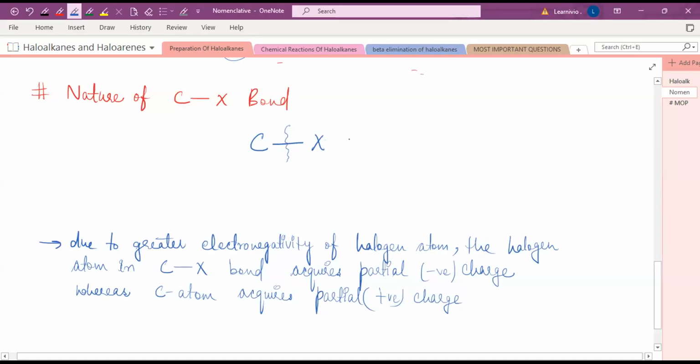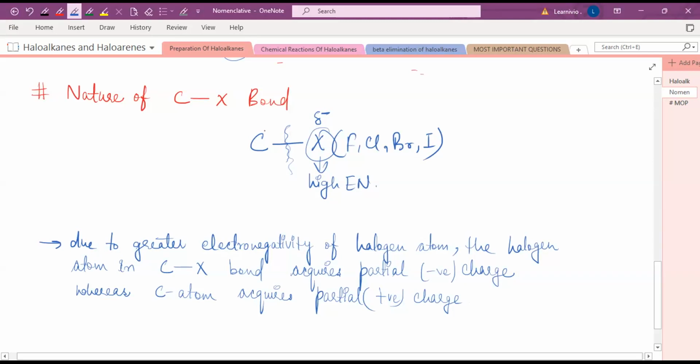This halogen has greater electronegativity. Halogens are fluorine, chlorine, bromine, and iodine. Due to high electronegativity, this X halogen will acquire a partial negative charge.